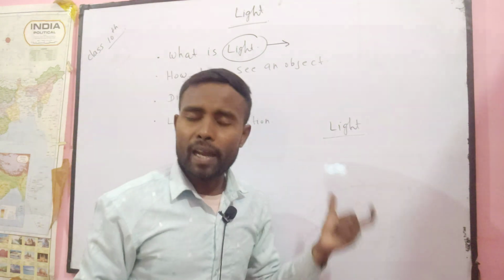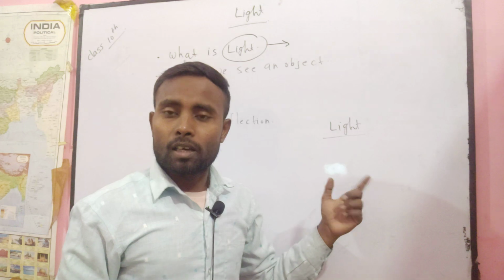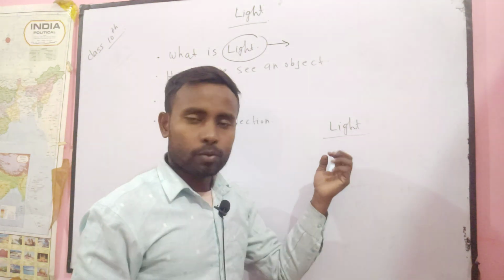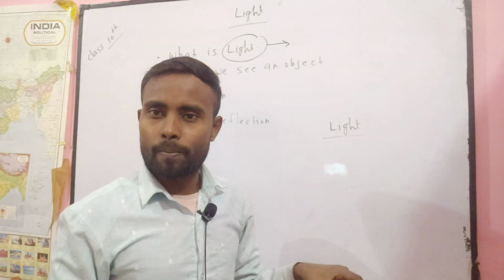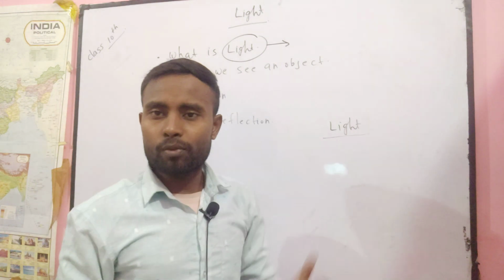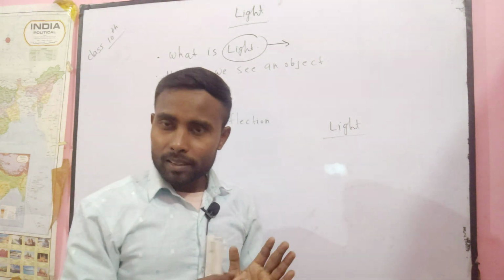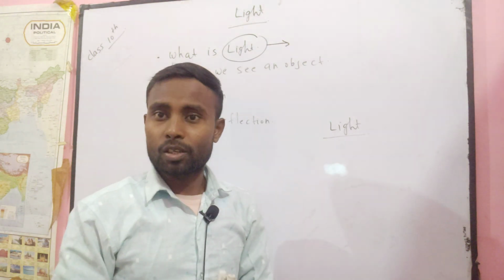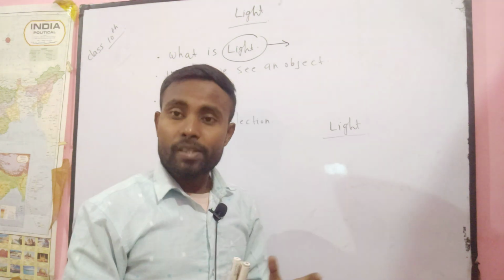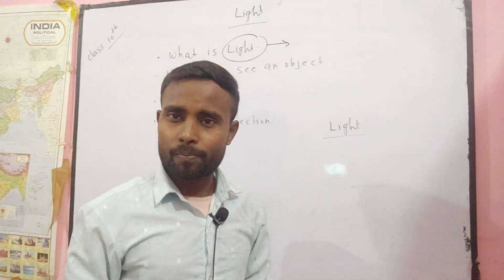So you can define light only on the basis of its utilization, how it is useful for you. That means on the basis of use, you can define light. As you know, light is that factor which helps us to see an object, because without light you cannot see an object.